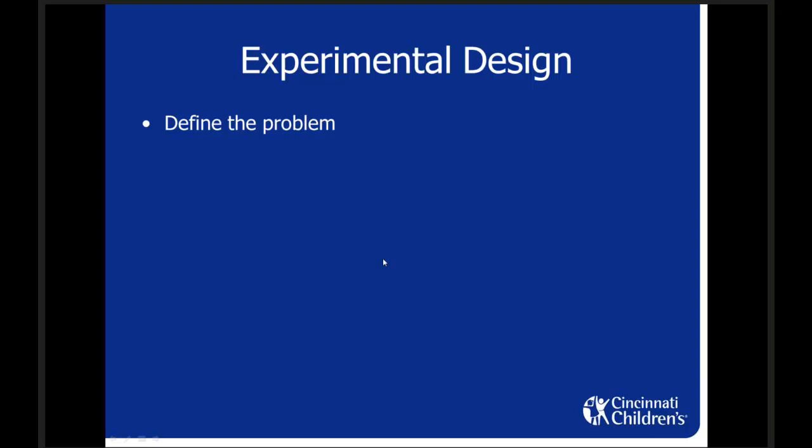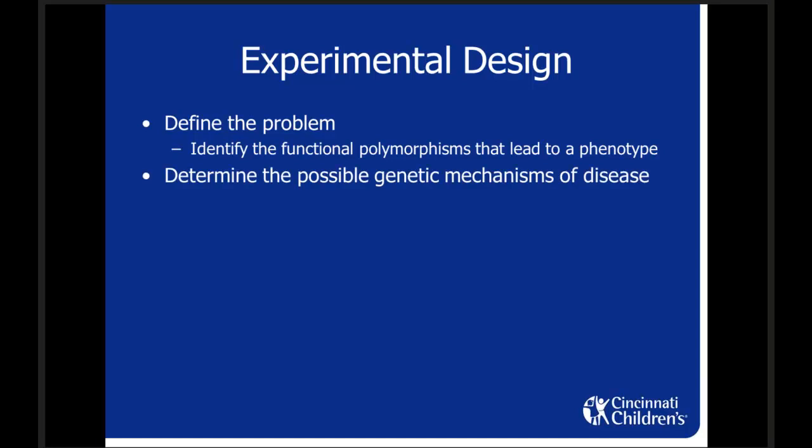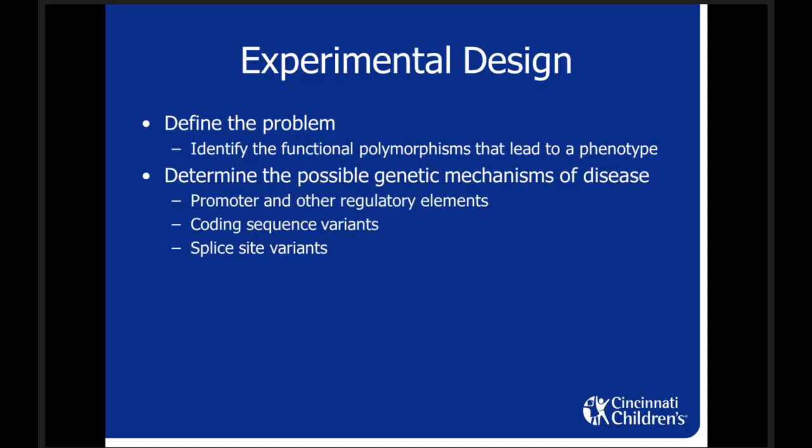So when you're trying to do an experiment like this, I think it's important to define the problem. In most cases, it's pretty straightforward. You're going to try to identify functional polymorphisms that lead to a phenotype. Then I think this is a critical step: you need to try to determine the possible genetic mechanisms of disease. What is it that you think is actually causing your phenotype?